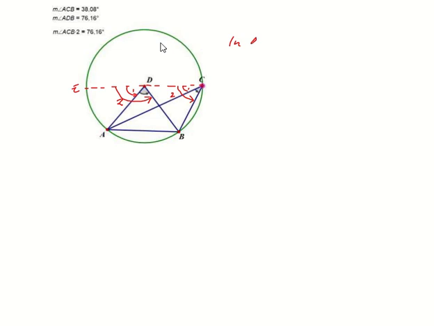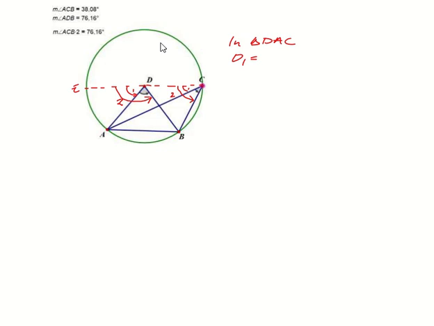In triangle DAC, so we're in this 1, 2, 3 triangle. We have an exterior angle, which is D1. And we said in the previous video that the exterior angle of a triangle is equal to the sum of the interior opposites.